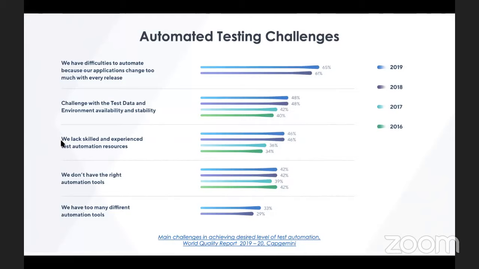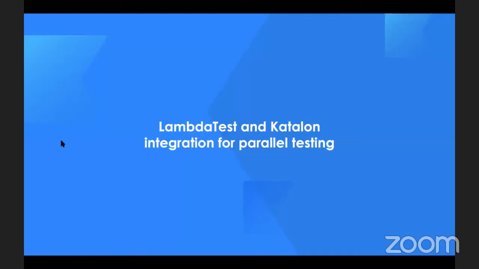I lack an environment to do that, but right now there are a lot of cloud service providers out there for environments. For example, LambdaTest, and it really helps us deal with challenge number 2 that we have in the report.